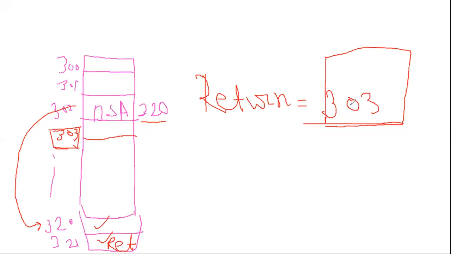How much is there? 303 is there. So again from this position it will come back to this position. You left at 302, went to 320, did the work at 321 and came back. Where? 303. So that is called the calling of a subroutine. This may also be called calling of a subprogram, that means calling a subroutine.